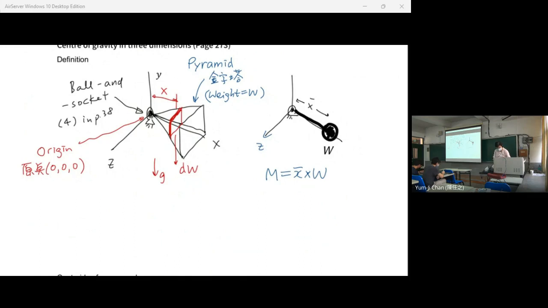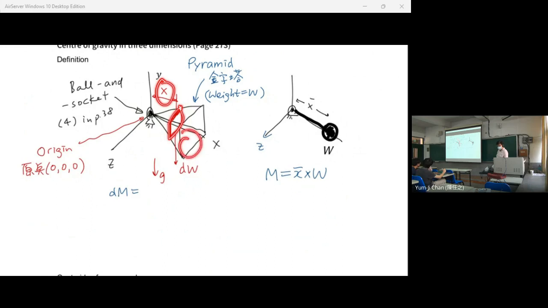On the left, we have dm for a small area. How do we get dm here? For the moment of this small slice, dm is equal to the moment arm times weight.